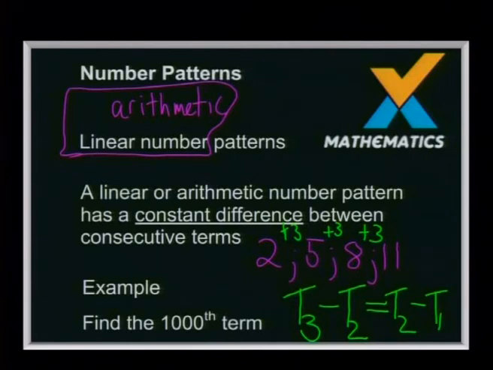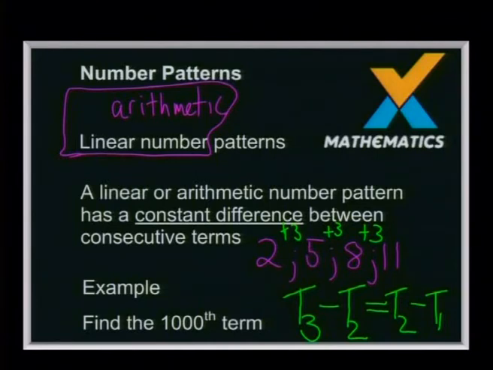This is how I prove that a number pattern is arithmetic or linear, by showing that this is true. Our third term is 8. 8 minus 5, which is the second term, gives me 3. But 5 minus 2 also gives me 3. So definitely this is a linear number pattern.